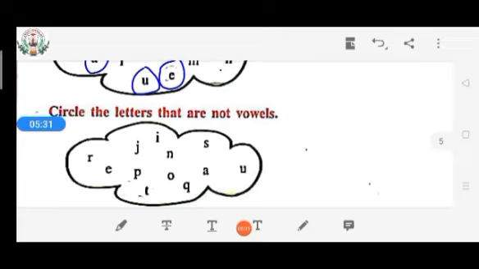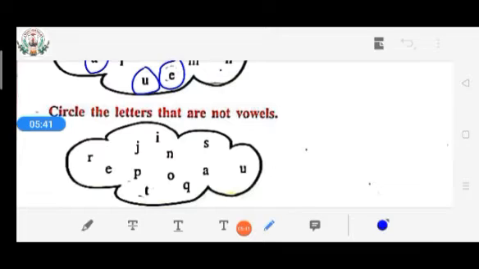Circle the letters that are not vowels. It means that you have to circle the consonant letters. Okay? Just look at the picture carefully, children. You have to circle the consonant letters.